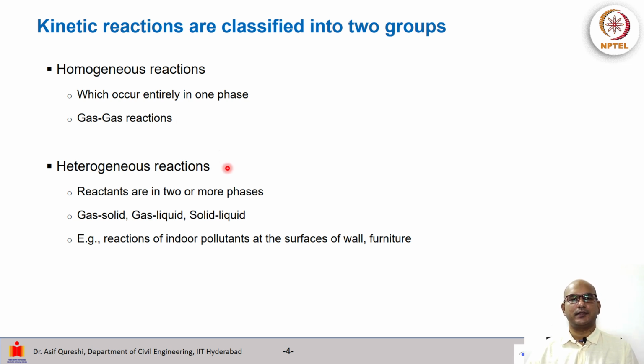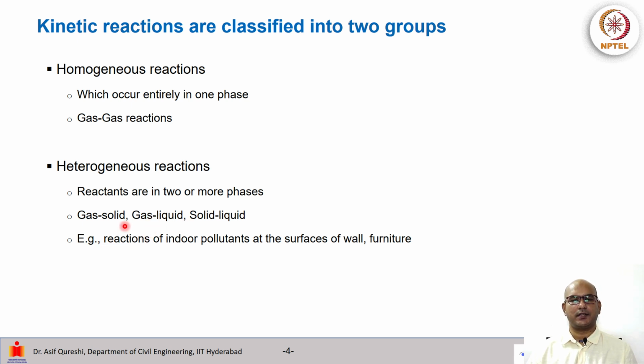Whereas the heterogeneous reactions are reactions in which two or more phases are involved. So, such reactions could be, for example, gas and particle, for example, gas molecules on aerosols, gas molecules on surfaces, gas-liquid as well, maybe some reactions in raindrops, and solid-liquid reactions.